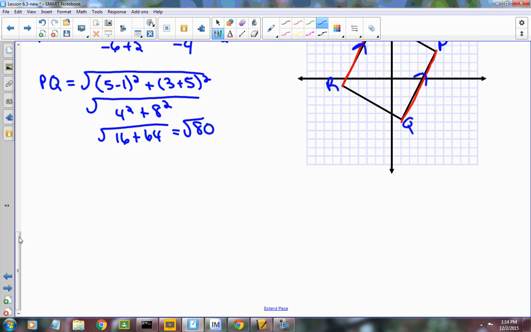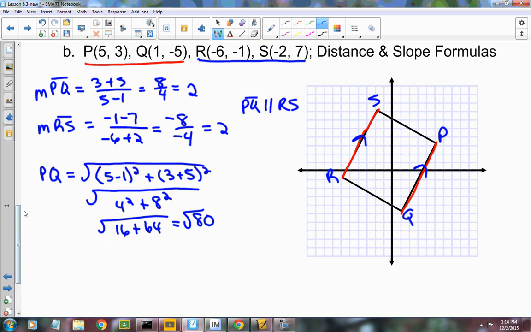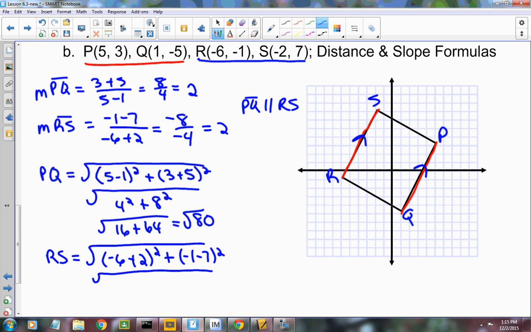Okay, one more time. This time I gotta find the length of RS. So I have to subtract my x's, negative 6 minus a negative 2 quantity squared, plus negative 1 minus 7 quantity squared. That gives me negative 4 squared plus negative 8 squared, which is 16 plus 64, which is the square root of 80.